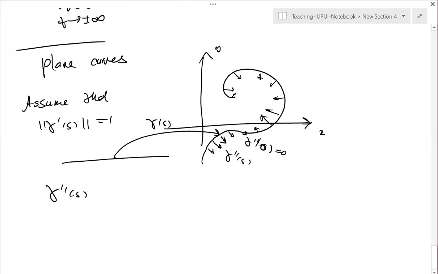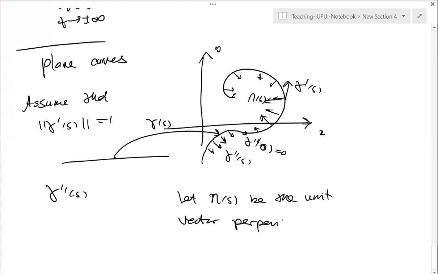So I'm going to fix this, the tangent vector gamma prime. I'm going to use the right hand to denote the normal vector. So I introduce N of s to be the unit vector perpendicular to gamma prime s.